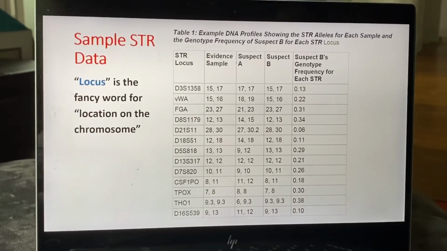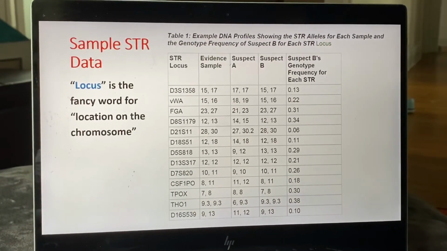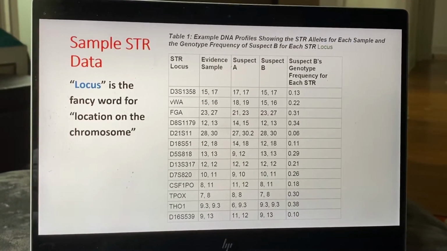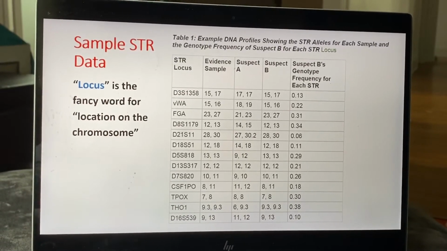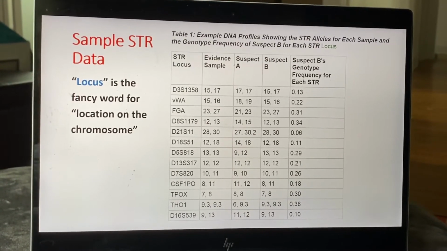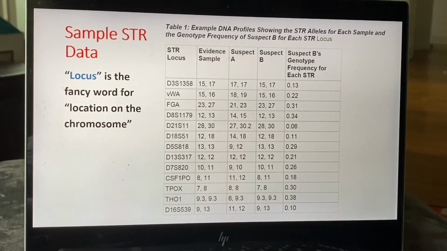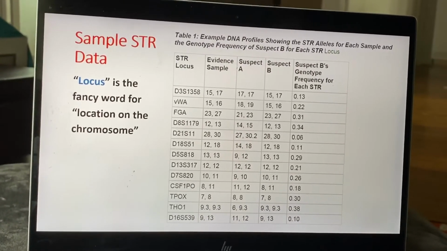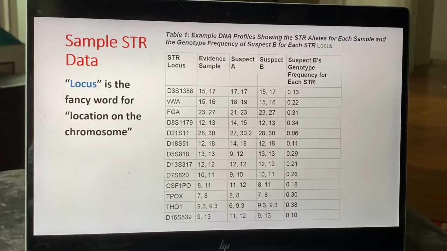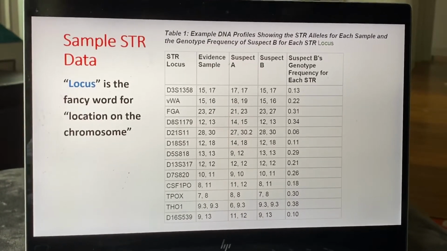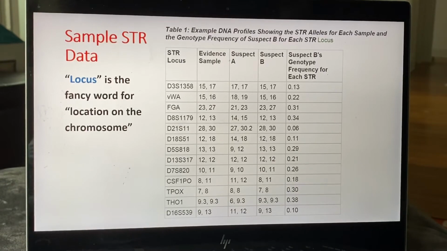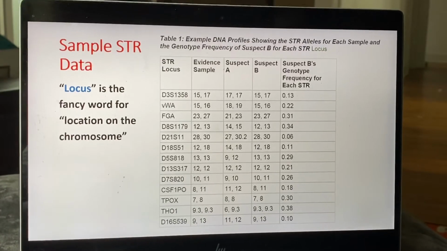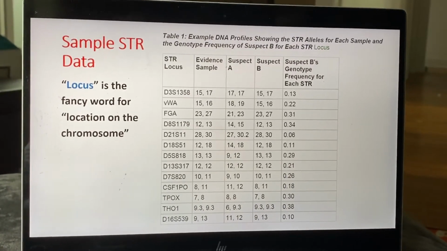So here is some sample STR data. The word locus is the scientific word that just means the location on the chromosome. You can think of it as like the house address on a particular street. On the evidence, for example, the marker in the top row, which is on chromosome 3, is called D3. The evidence sample has a 15,17. When we compare it to suspect A and suspect B, suspect B also has a 15,17.